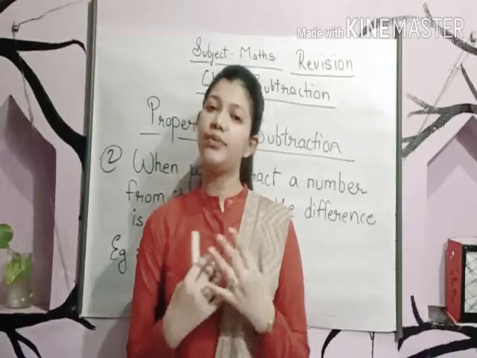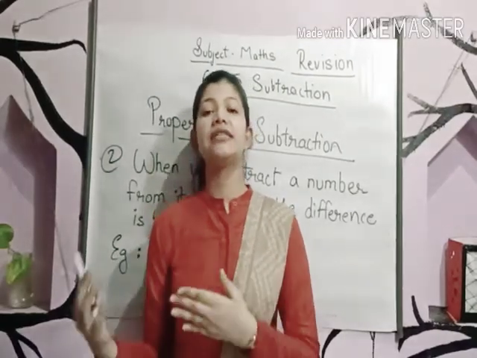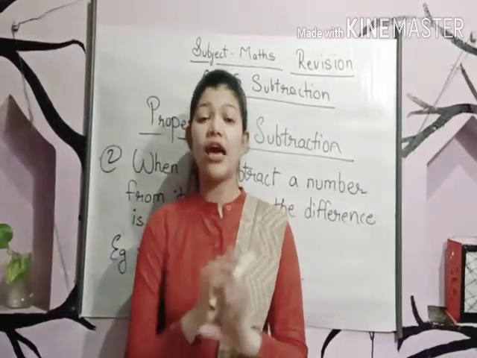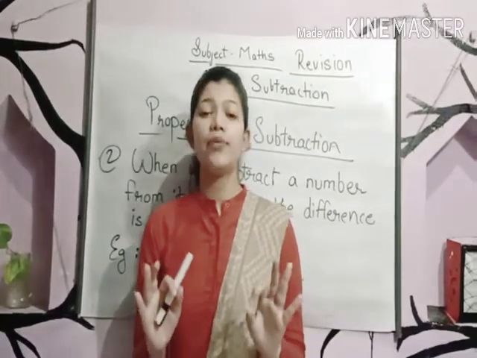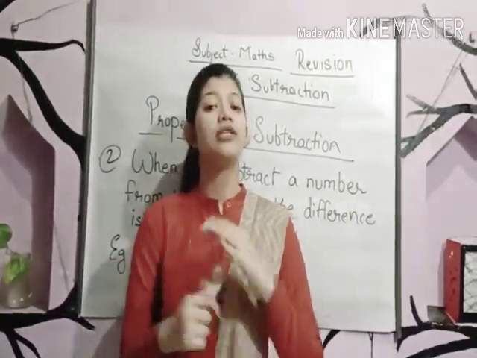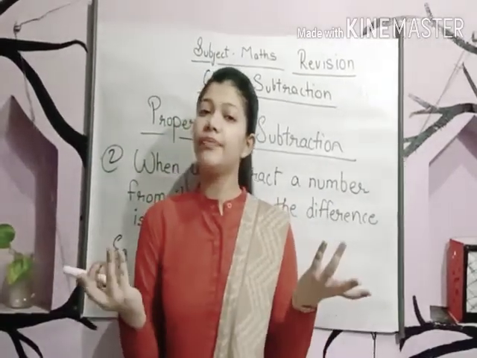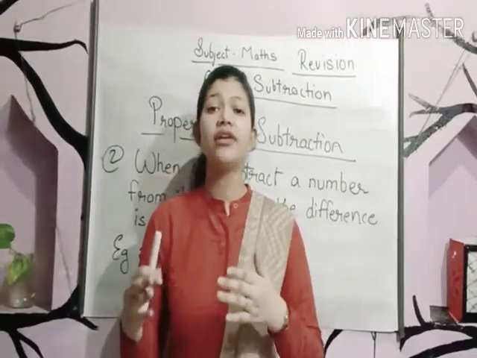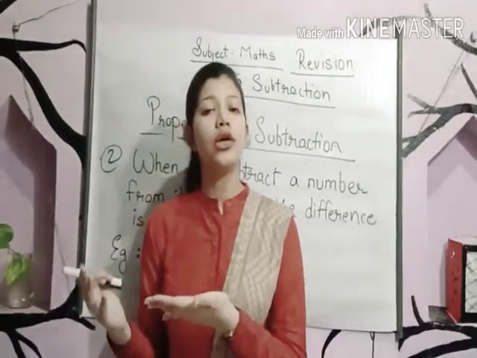I have 70 books and my sister asked me to give some books to her, but I haven't given any book to her. So how many books are left with me? Same. Yes, that was 70. Why? Because I haven't given any book to her.